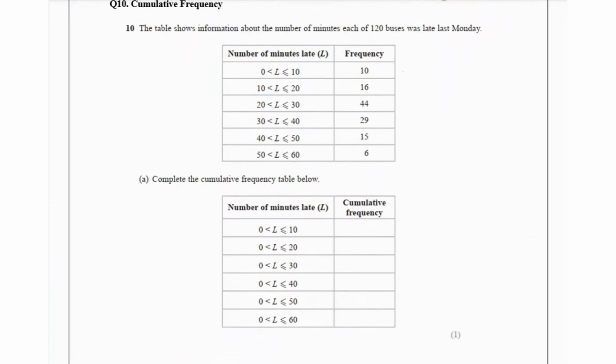So we need to figure out the cumulative frequency from the given frequency. Cumulative itself means that you're adding things up. So the first frequency will always be the same, which is 10. But for the next one, we add 10 and 16. So that's 26. Then we add 26 to 44. So 26 plus 44, that's going to be 70.